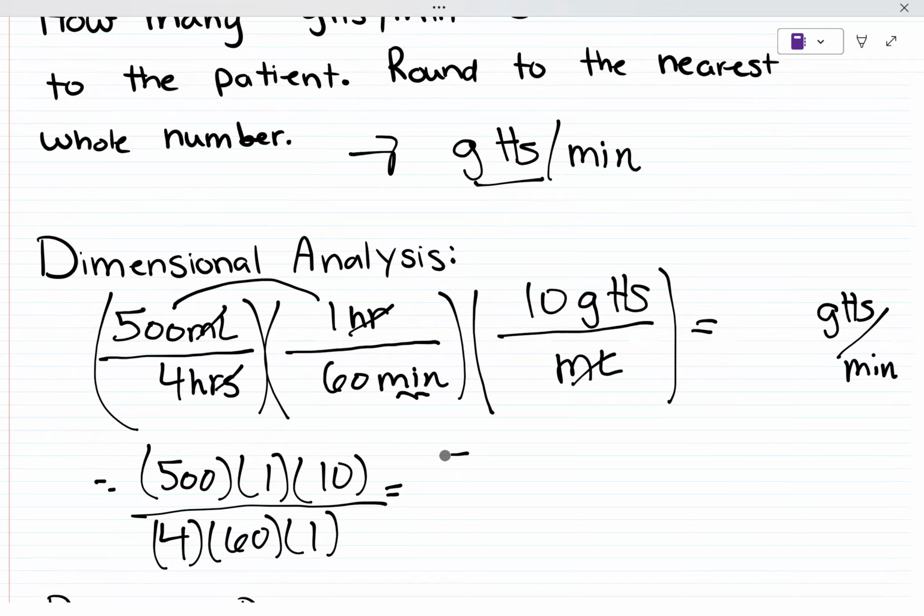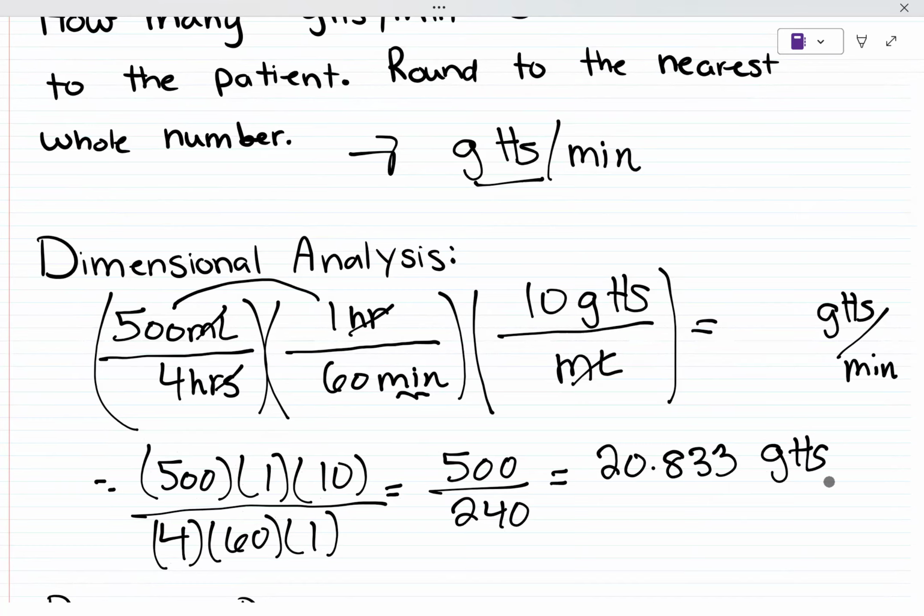That's going to be 500 over 240, which is a decimal, 20.833 gtts per minute. They say round to the nearest whole number. You look at the neighbor, which is definitely five or beyond, so you round it to 21 gtts per minute.